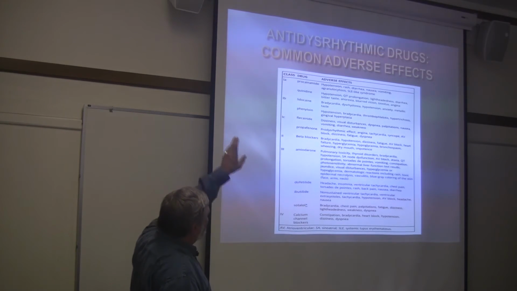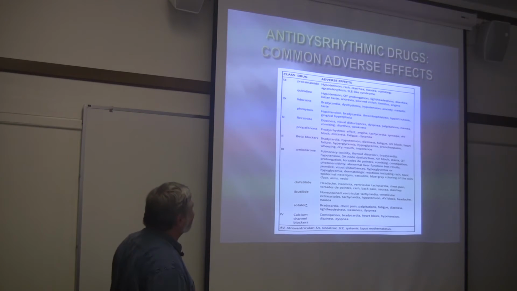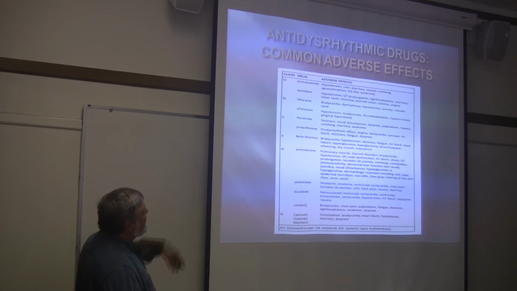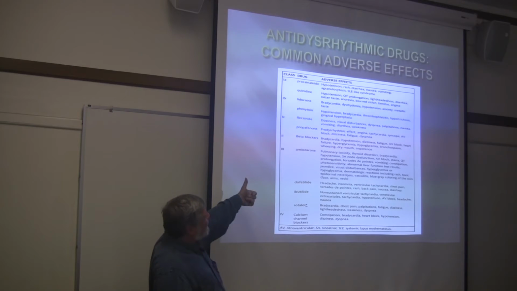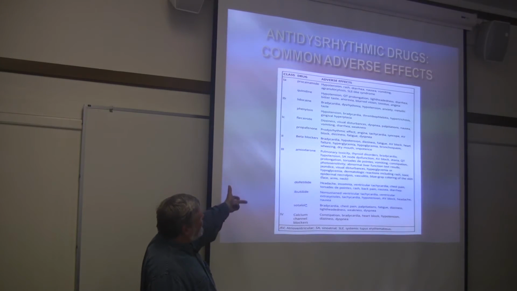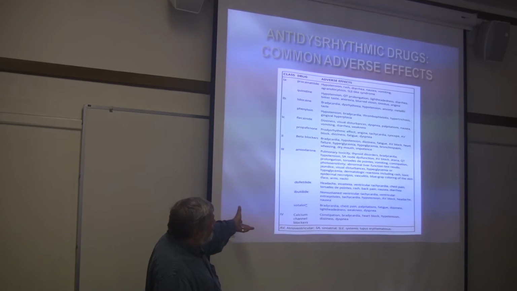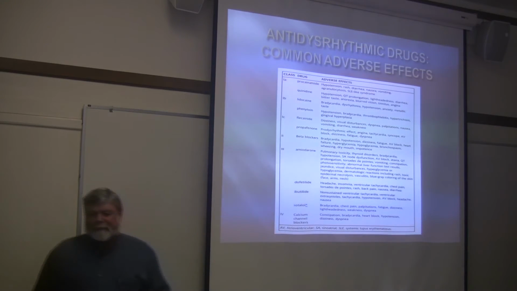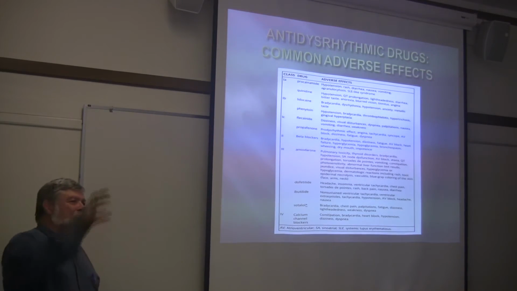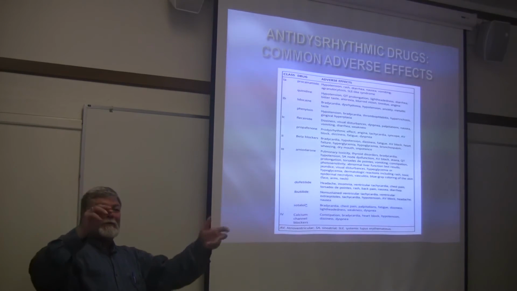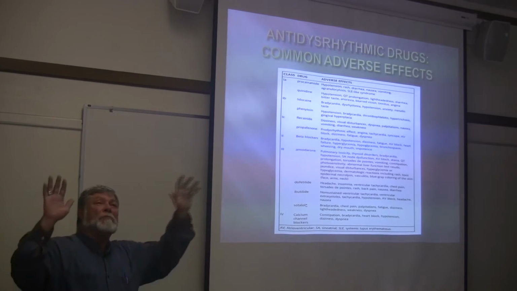Okay. Here's all your adverse effects. There's a lot of them there, aren't there? Like with amiodarone, you're looking at pulmonary toxicity, thyroid disorders, bradycardia, hypotension, SA node dysfunction, AV block, ataxia, QT prolongation, torsades, vomiting, constipation. It's like watching TV and they're advertising this wonderful drug and it's going to make your life just really great.